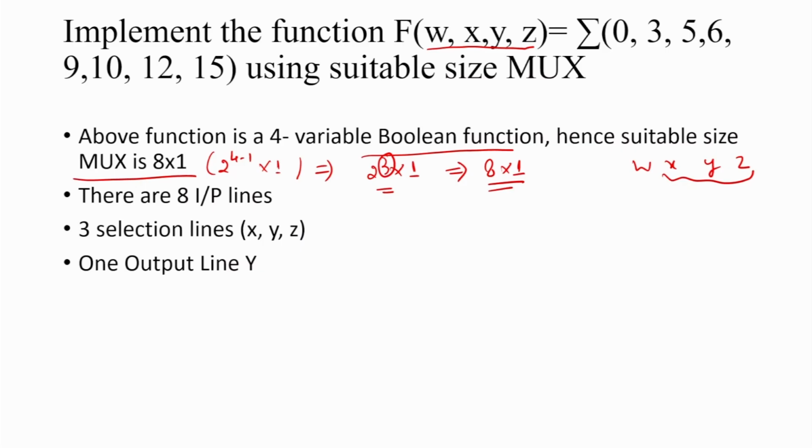How does it happen? Suppose we make an implementation table.